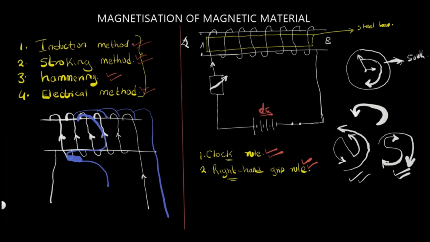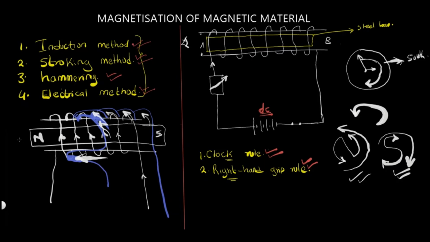So if you grab this solenoid like this, whereby these fingers are pointing in the direction of flow of current, flowing in the upper direction like this, then the thumb will point to the north pole of the induced magnet. In the middle we have our steel bar like this. So this one will be the north pole and this one will be the south pole.